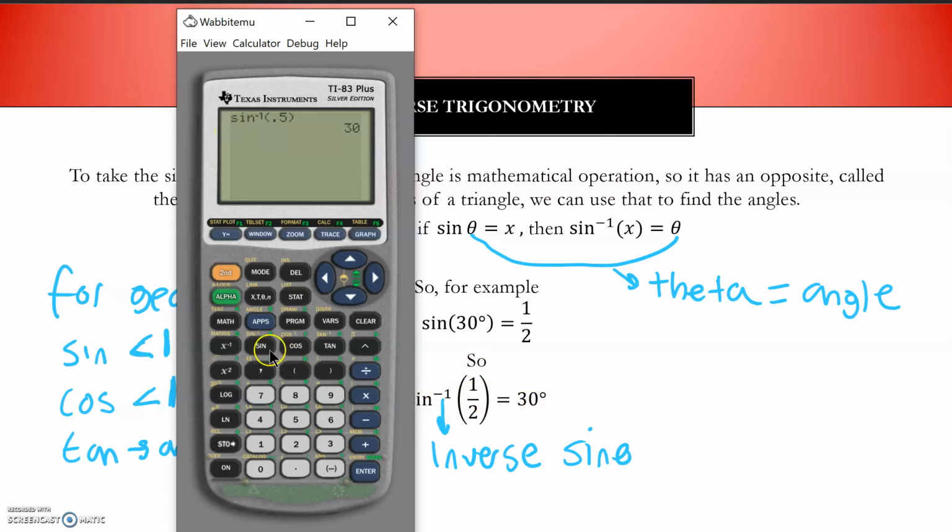Now, again, if you wanted to do just regular sine, you would put in your 30, get in the habit of closing parentheses, and hit enter, you get 1/2. And again, to take the sine, you can put in any number and it'll find the sine of an angle with that many degrees in it.